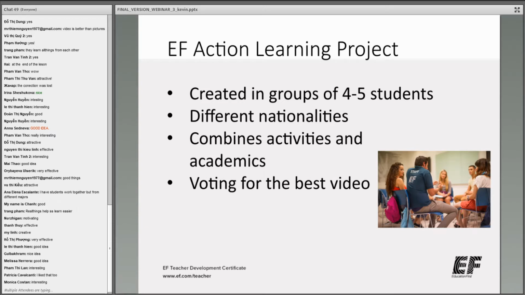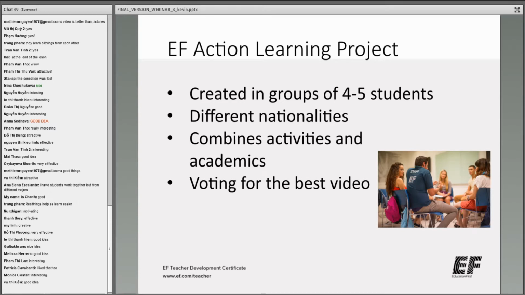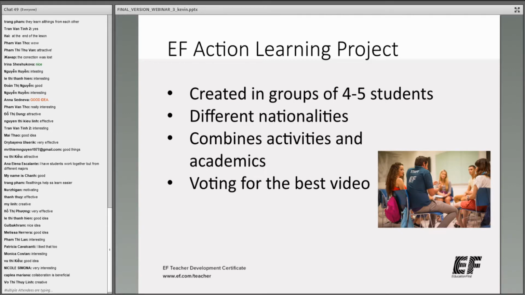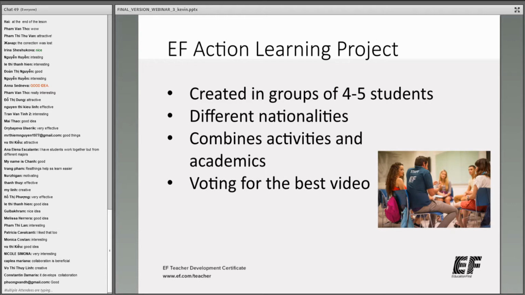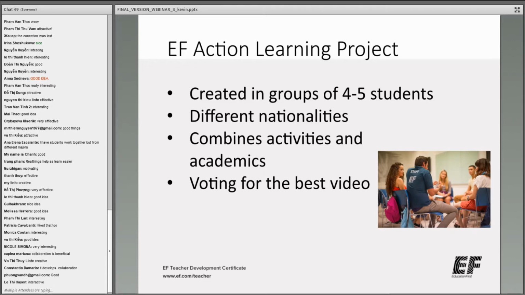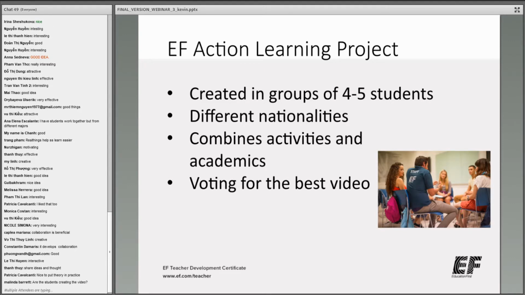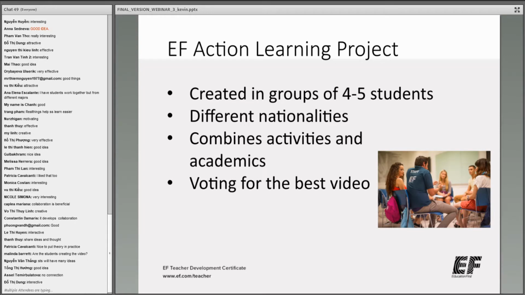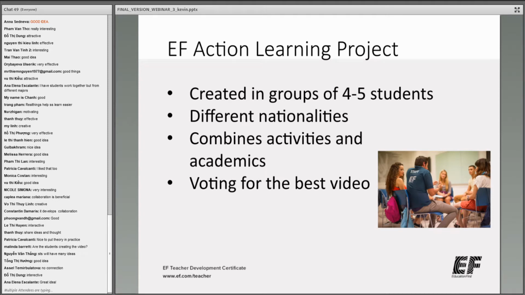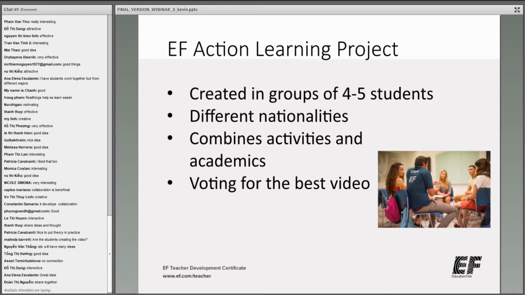I mean, students should come from different backgrounds because that is how they can share ideas and experience the different ways of thinking of the different students. As I said, you can use it in any kind of situation. It's a way to have a long-term project, kind of, if you will, for students to do.